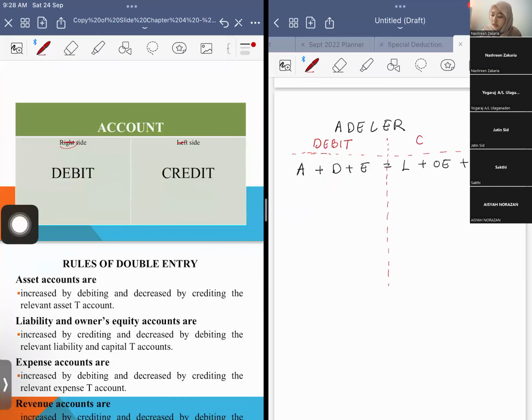So here is credit. It means that the nature of asset, drawing, and expenses accounts is debit side. And the nature of liability, owner's equity, and revenue is credit side.